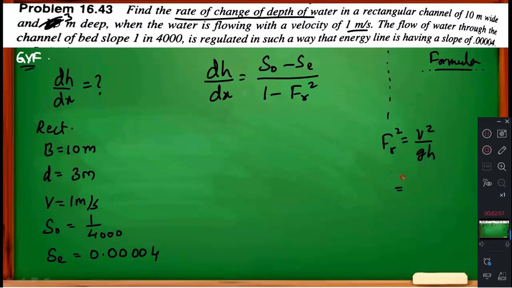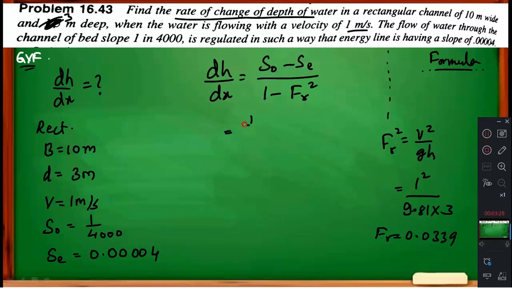Then what is V? V is 1 meter per second. g is 9.81 into height 3 meter. Therefore, how much are you getting? 1 divided by 9.81 into 3. You are getting 0.0339. This is FR square.